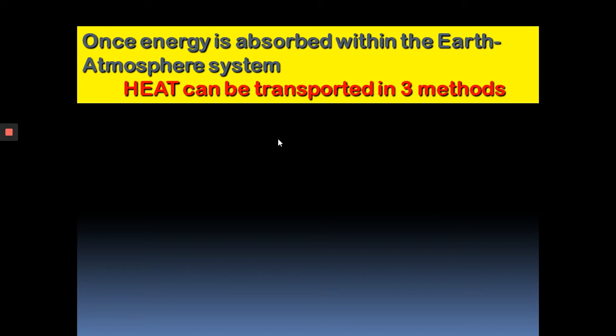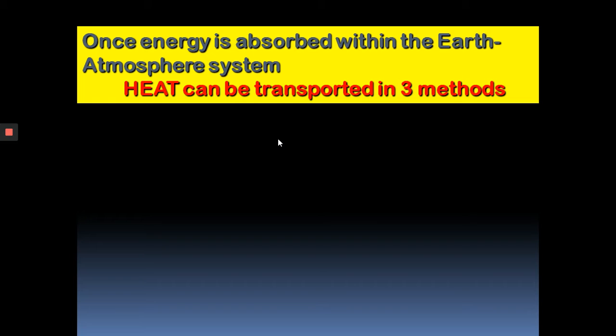Okay, first of all, I would like to talk about how energy can be transferred from one place to another place. So we understand the structure of the Earth's atmosphere, right? And our atmosphere is the air layers protecting us from the energy coming from outer space, especially from the sun.